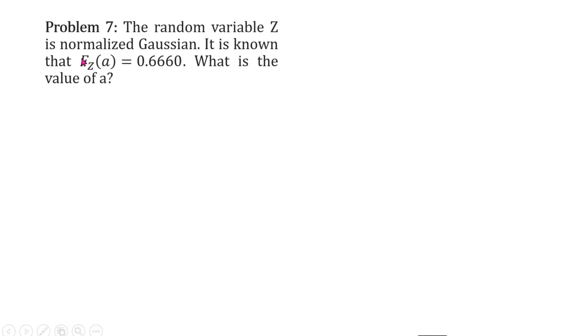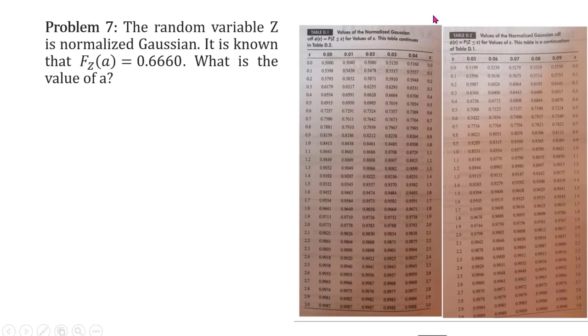If that is the case, it is capital F, so we need to refer to the cumulative distribution function table. Previously we used the probability density function table, right? Now because of this capital F, we need to make use of the cumulative distribution function table.